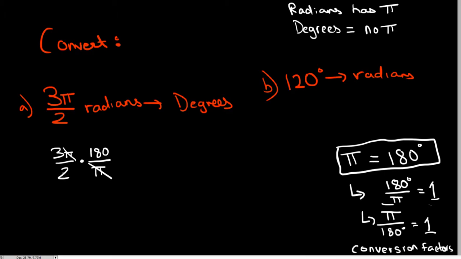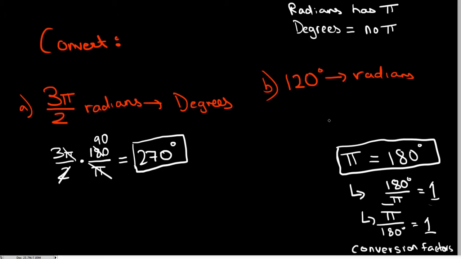And then the 2 and the 180 also, if you divide 180 by 2, you get 90. So we can just finish this off right here. So the 2 cancels and this becomes 90. And then this becomes 3 times 90, which is just 270 degrees. Okay. See how easy that was?